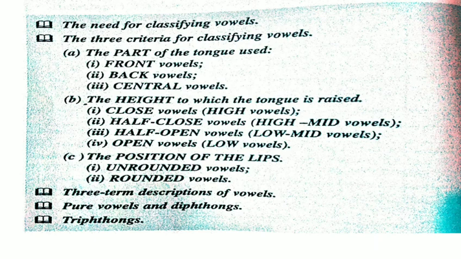We divide the tongue into 4 or 5 parts, of which we take 3: the front part, the back part, and the central part. There are front vowels, back vowels, and central vowels.